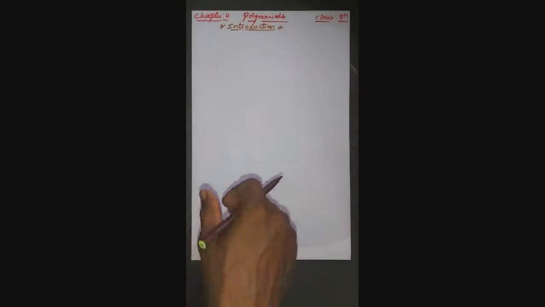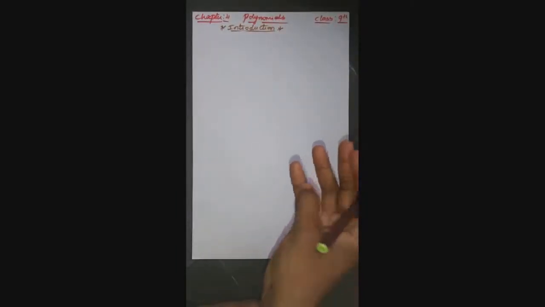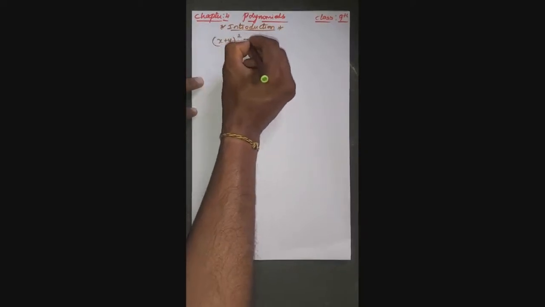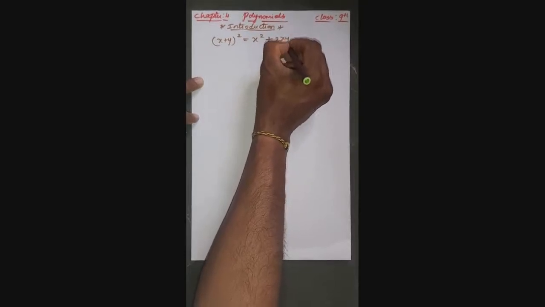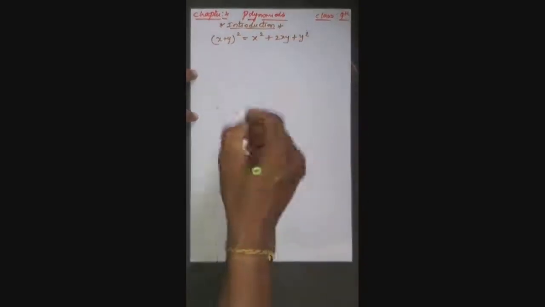See, you have studied algebraic expressions, their addition, subtraction, multiplication and division in earlier classes. You have also studied how to factorize some algebraic expressions. You may recall the algebraic identities. What are those? x plus y whole square is equal to x square plus 2xy plus y square, or a plus b whole square also the same.